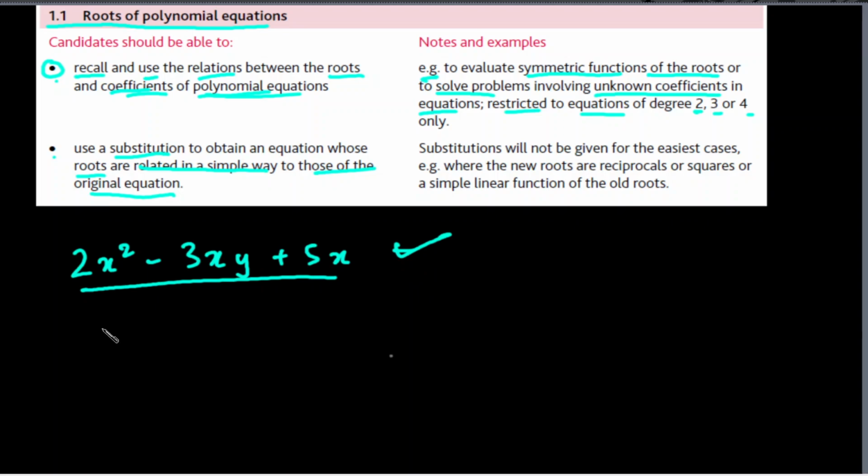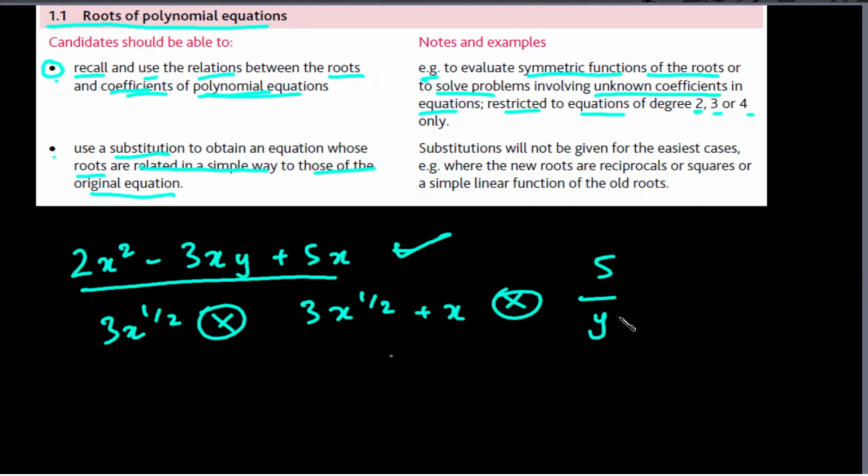However, when we have something like, let's just say, 3x to the 1 by 2, this is not a polynomial, or 3x to the 1 by 2 plus x, this is still not a polynomial because the powers are not integral. Neither is something like 5 by y times x. That's not a polynomial either. So that's a polynomial, just for clarification, if you guys were wondering.